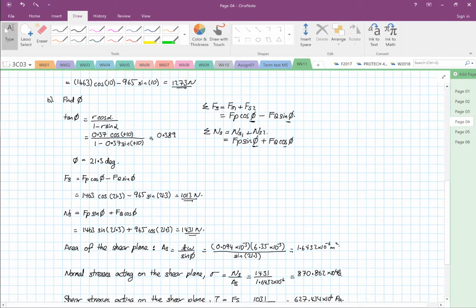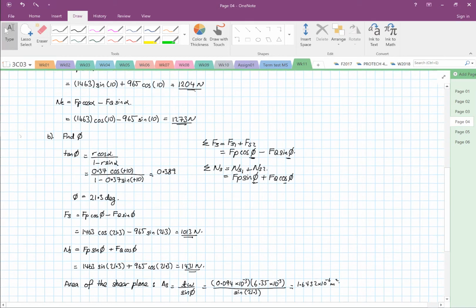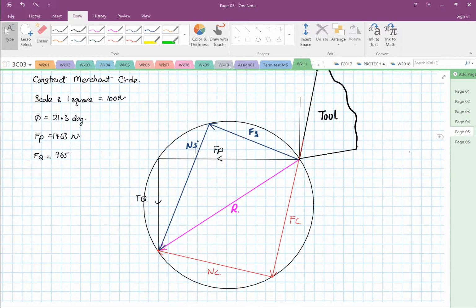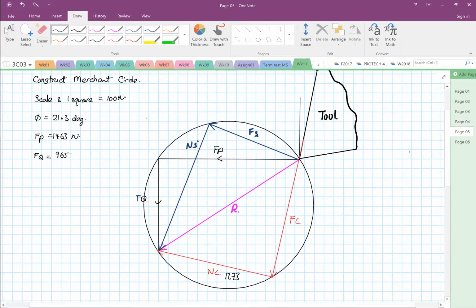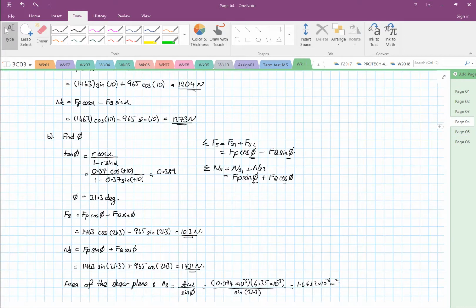So NC is 1273 and FC is 1204. Okay, so NC will be 1273, and your FC will be 1204. So you can see from here the length is about the same. NC should be slightly longer if I draw it to scale properly.